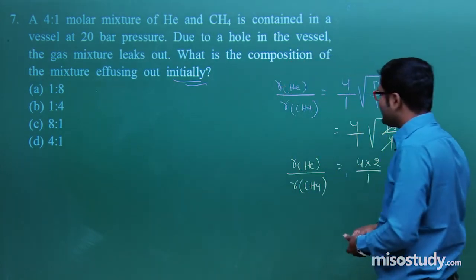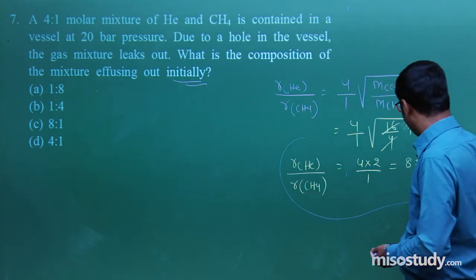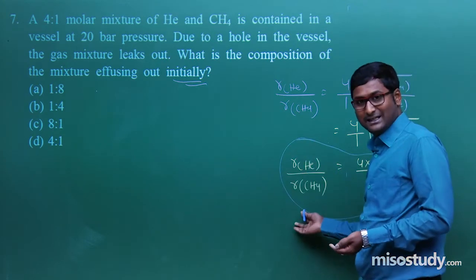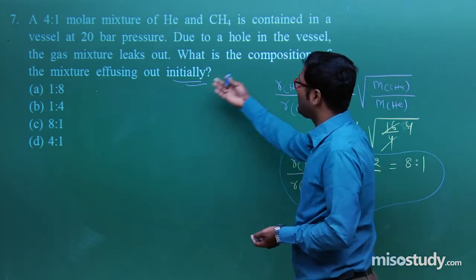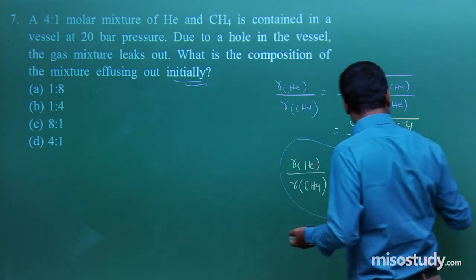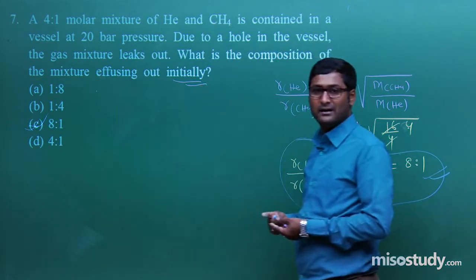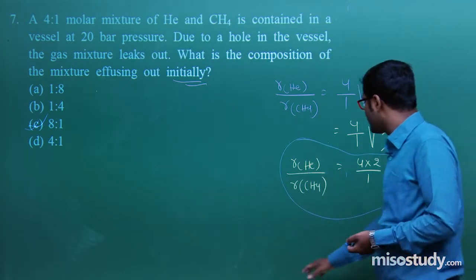Clear to you? This is the initial composition of the mixture effusing out initially. Very simple. So the answer will be 8:1. Clear? Now let's move to the next question.